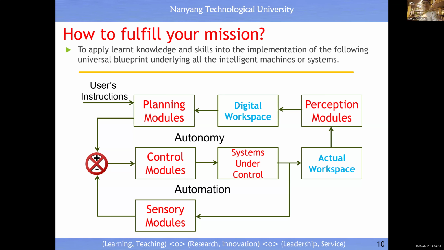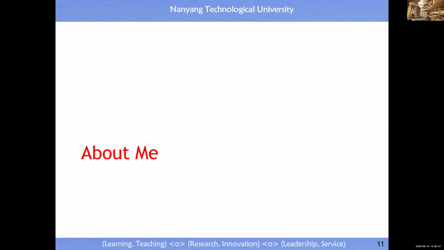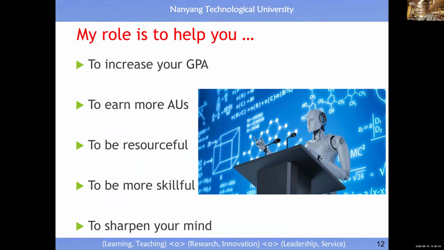In case you have not yet taken some relevant courses, you have to quickly catch up. The system under control could be a mechanical system, which is why you need to learn mechanisms and the design of mechanical systems. It's quite important. Then my role here is to help you do the study.